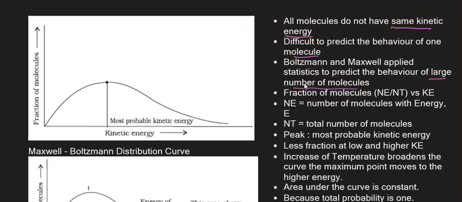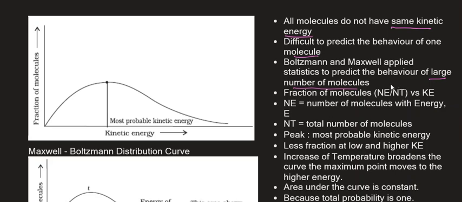Based on that, let us consider kinetic energy as the x-axis, and the fraction of molecules on the y-axis. What do you mean by fraction of molecules? Here it is Ne divided by Nt. Ne is the number of molecules with energy E, whereas Nt is the total number of molecules.